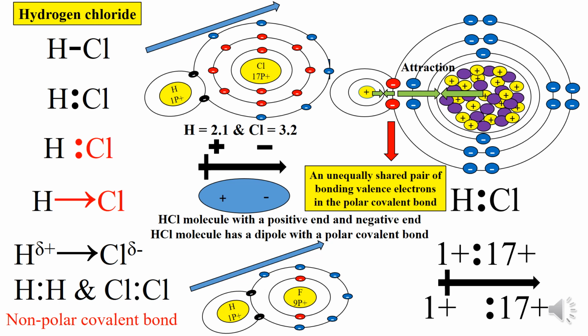And that leads to a polar covalent bond in the case of the hydrogen fluoride molecule. So now we know why hydrogen chloride and hydrogen fluoride molecules have a polar covalent bond.